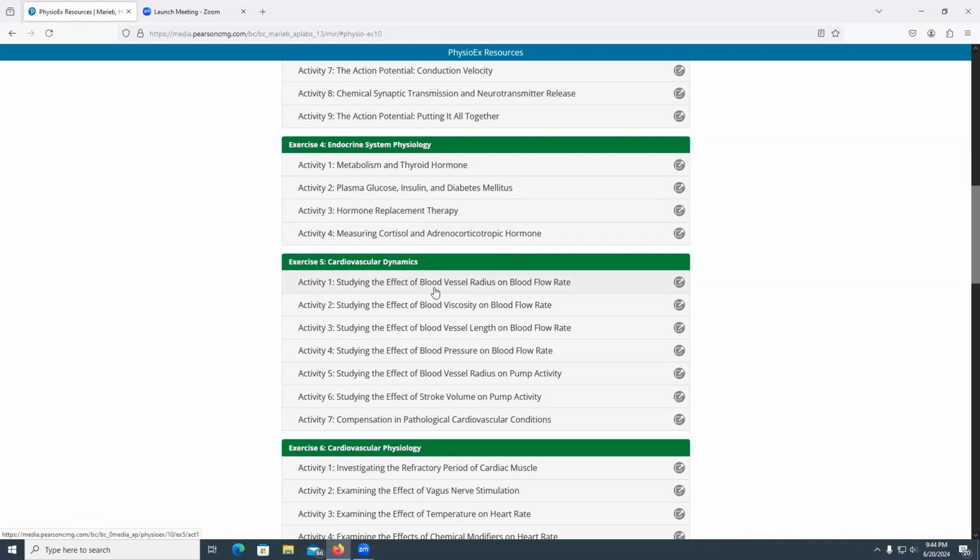So as we increase the radius of the blood vessel, the blood flow rate will increase also, and it will increase exponentially. This is very important for you to appreciate. So the relationship is not 1-for-1. It's not like increasing the blood vessel radius by 1 order of magnitude is going to lead to a proportional increase of the blood flow rate by 1 order of magnitude.